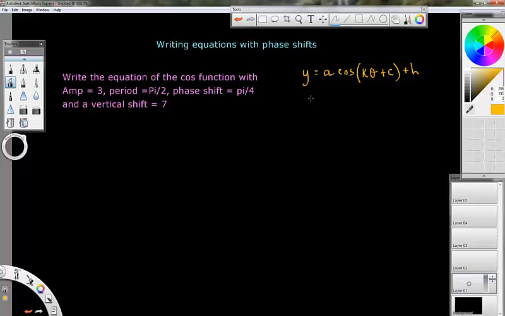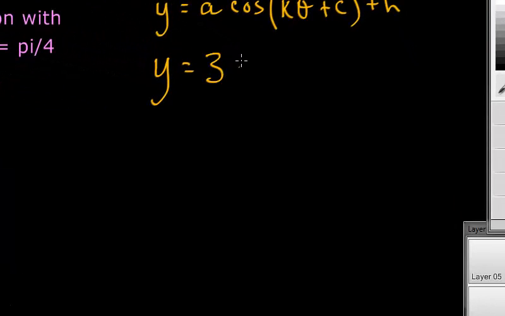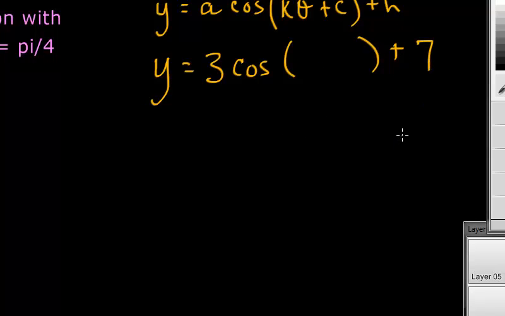So let's start plugging in stuff until we hit a snag, and I'll show you how to handle this. So y would equal, this is of course the amplitude, little a, y equals 3 cosine. I'm going to go to the end here. If I have the vertical shift, I can literally just put plus 7 here.